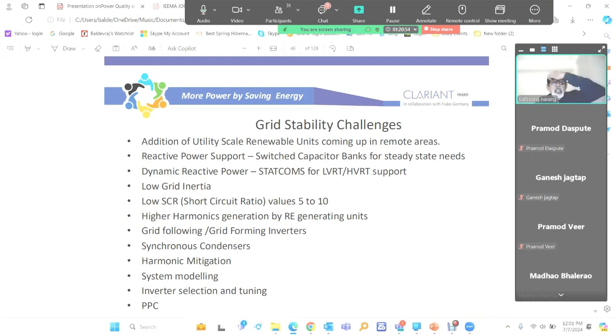Regarding grid inertia, we are having all these additions with grid following inverters. They don't have any battery capacity. We need grid forming inverters, with voltage and a battery backup. Then only will the inertia be there in the system.